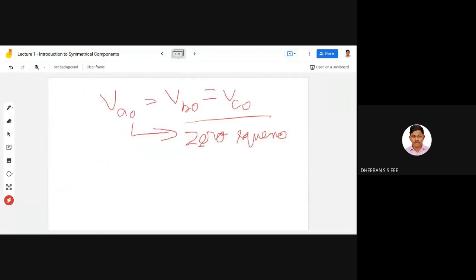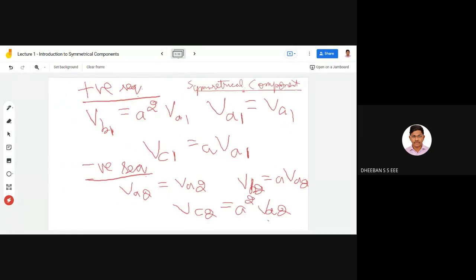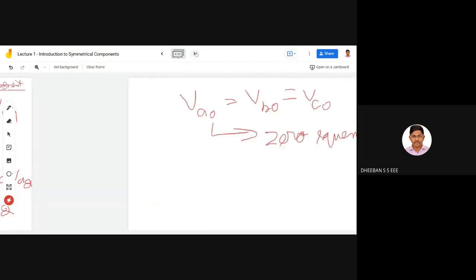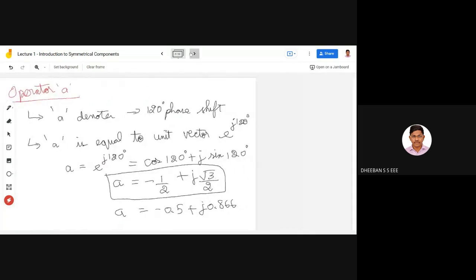For zero sequence it's nothing, but for your positive and negative sequence, you have to replace VA1 with VA1, and VB1 with A square VA1, and VC1 with A VA1. This is for your positive sequence. For the negative sequence, VA2 goes similarly, VB2 will be A into VA2, VC2 will be A square into VA2.